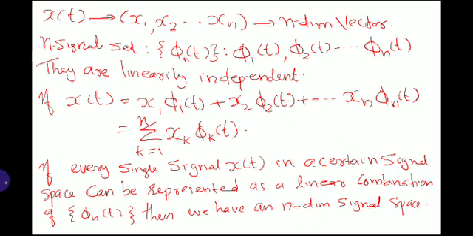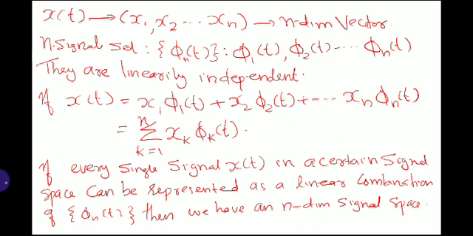So it is represented as a set phi n of t. It has n basis signals. We'll see what the properties of these basis vectors are, but for now we can call it a set phi n of t which has n members, phi 1 of t, phi 2 of t, etc. to phi n of t. And the most important thing is that all these n signals which form this basis set should be linearly independent.